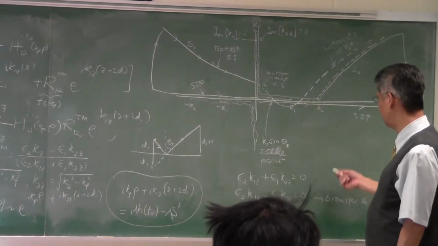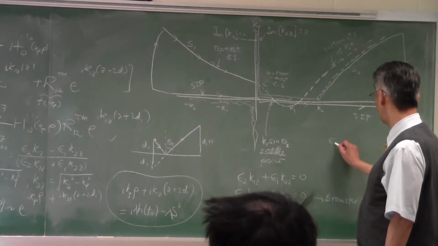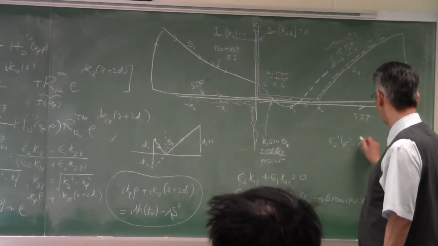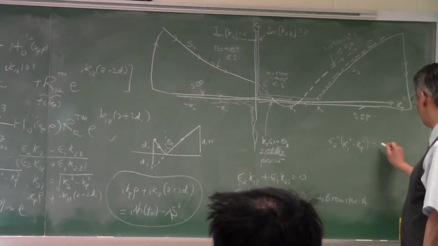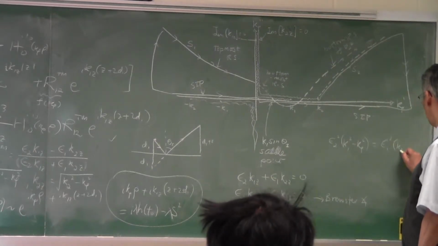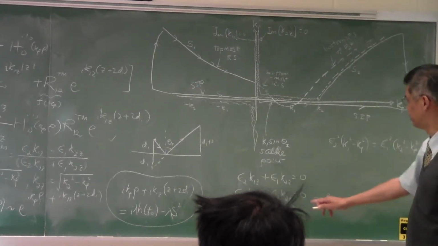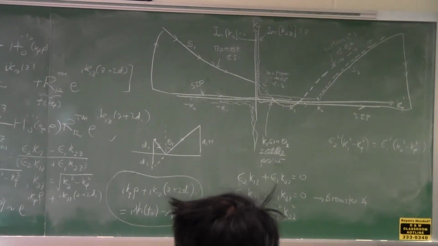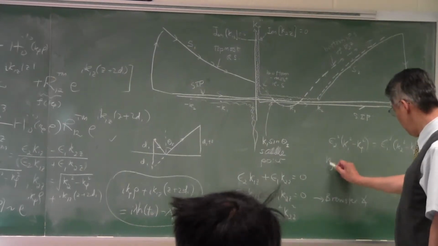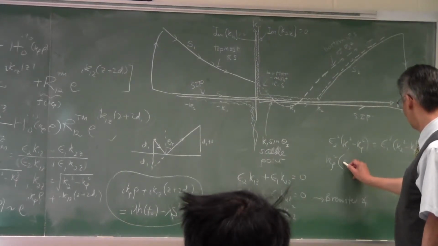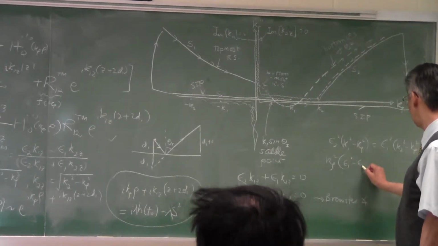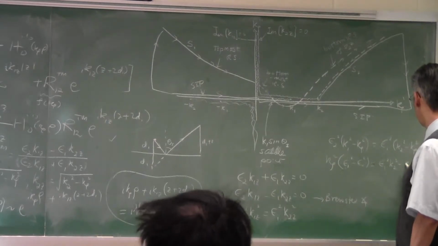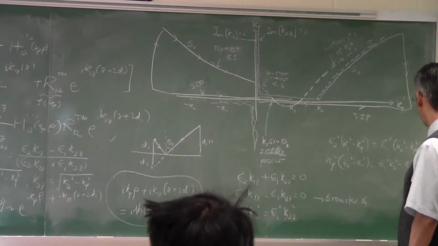You square the two equations, and then if you were to solve them, then you have epsilon 2 squared (k1 squared minus k rho squared) equals epsilon 1 squared (k2 squared minus k rho squared). Both equations, once you square them, give rise to this equation. Okay? And if you were to solve this equation, it gives you k rho squared (epsilon 1 squared minus epsilon 2 squared) is equal to epsilon 1 squared k2 squared minus epsilon 2 squared k1 squared.